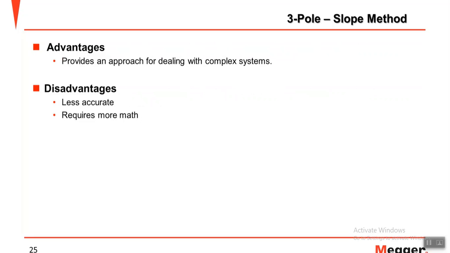The advantage of this method is it provides an approach for dealing with complex systems. So if you have a complex system, it's very good, and for a large system, very good to use this method. The disadvantage, yes, is that this method still does not follow the IEEE standard.